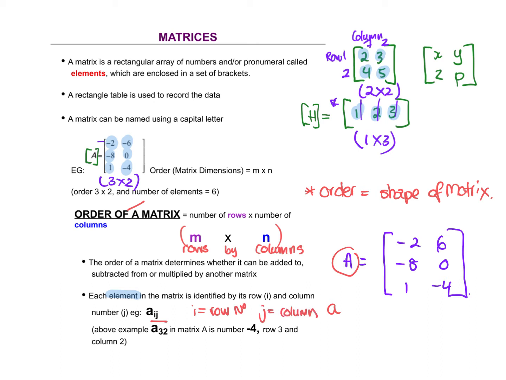So when they say go to a 3,2, that means go to row 3, and column 2. Row 1, row 2, row 3, and column 1, column 2. So the element is -4.